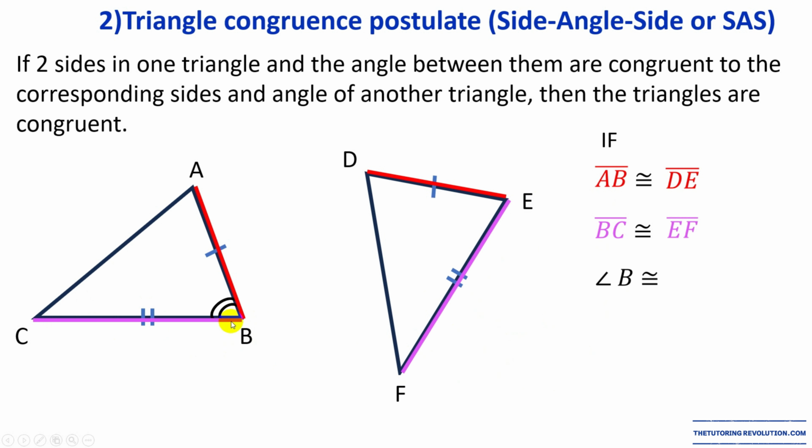And also, if angle B, which is labeled with two arc marks, is congruent to angle E, which is labeled the same, then the two triangles, ABC and DEF, are congruent. Okay, so basically if this side and this side are congruent to these two sides, and the angle in between these two sides is also congruent to this angle, then the two triangles have to be congruent.